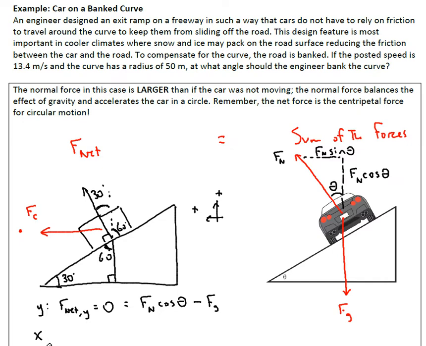In the x direction, F net must equal our centripetal force, because net force is just to the left. Net force is the centripetal force, and the only force causing that centripetal force is Fn sine theta. So those are our two equations.